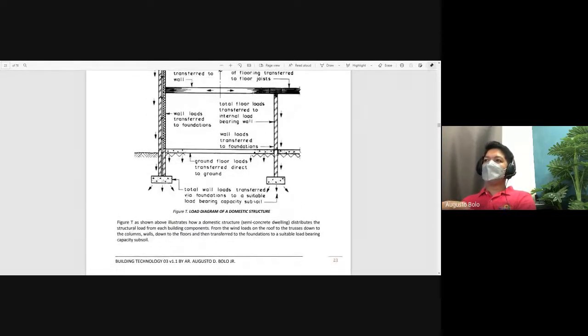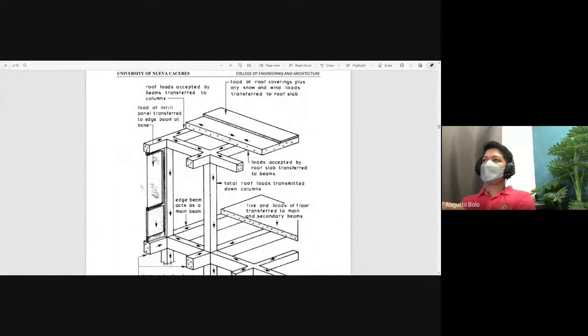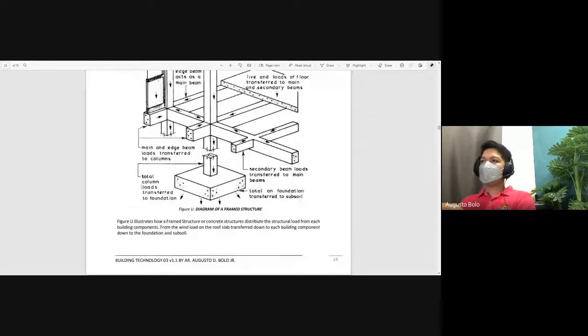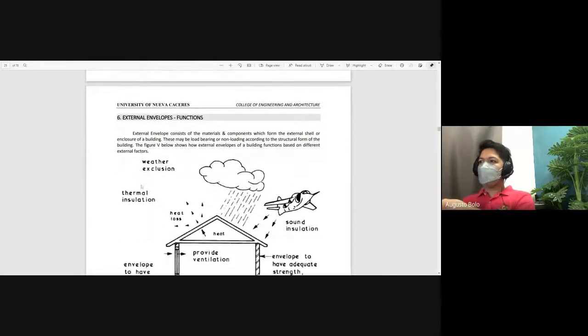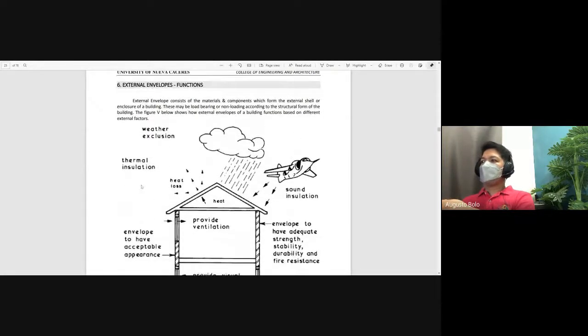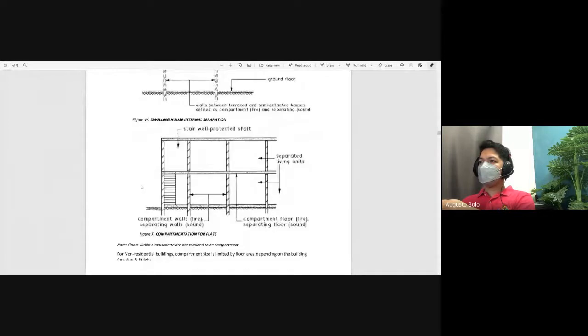The one that carries the most is your foundation system. So, just need to study this one. These are just examples.